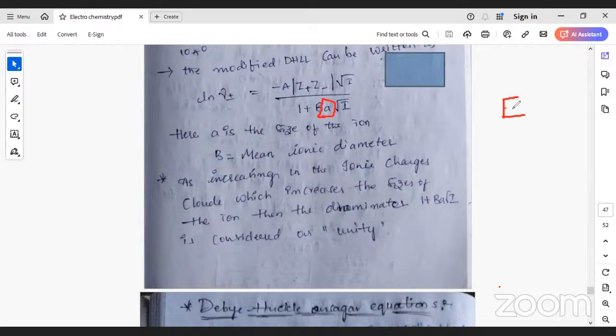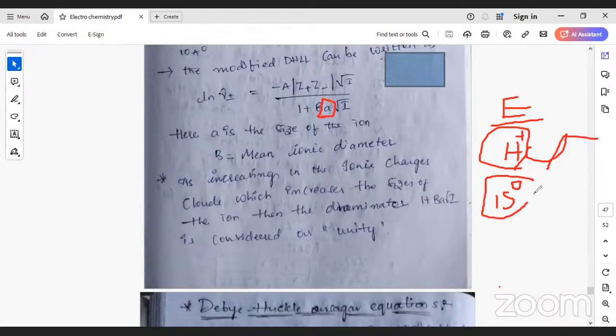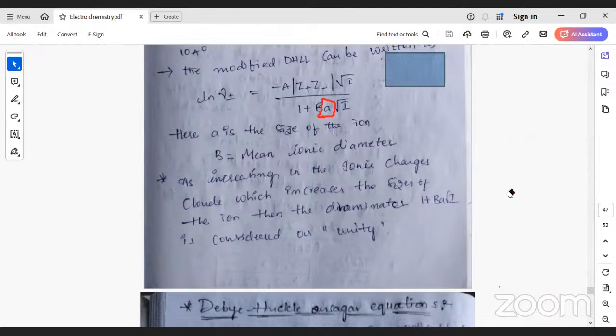For example, if HCl is utilized, the H plus ion size and Cl minus ion size will be known. The size of the H plus ion is known based on its electronic configuration, 1s1, but that one electron is also lost, giving 1s0. So based on the electrons in the outermost shell, we can assign the size to the ions.